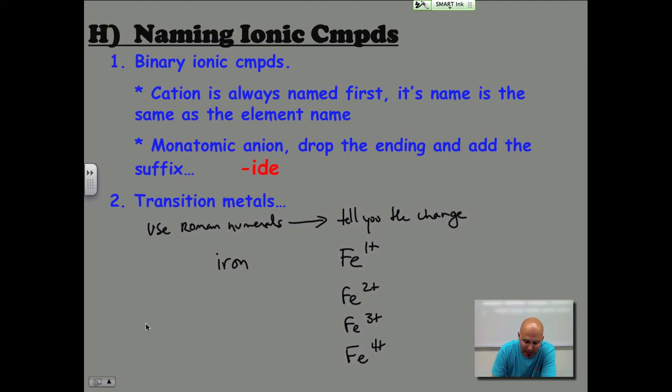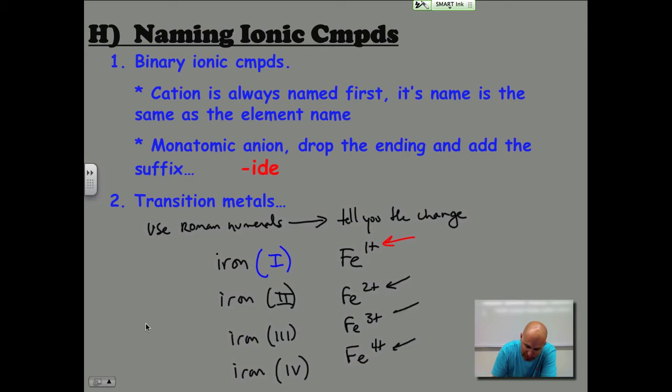To differentiate, this iron with the 1 plus charge is going to be iron Roman numeral 1. So we would call it iron 1. Iron 2 has the 2 plus charge. Iron 3, and of course iron 4, are again the respective charges.